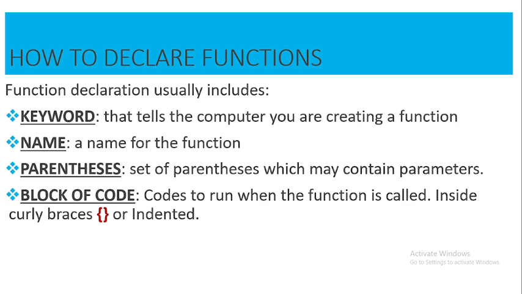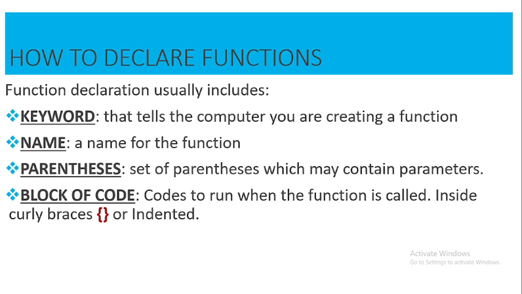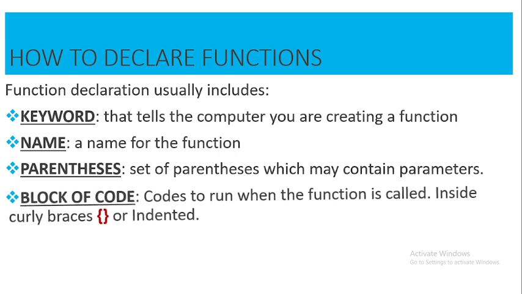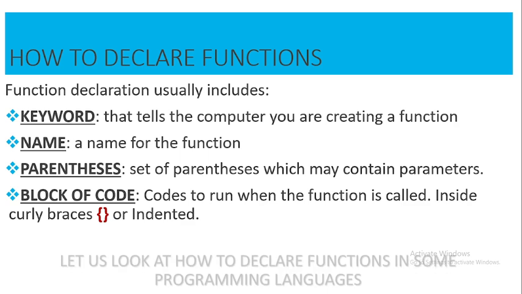So you have a keyword that tells the computer you are creating a function, a name for the function, a set of parentheses which may contain parameters, then a block of code, the code to run when the function is called, inside curly braces or indented.